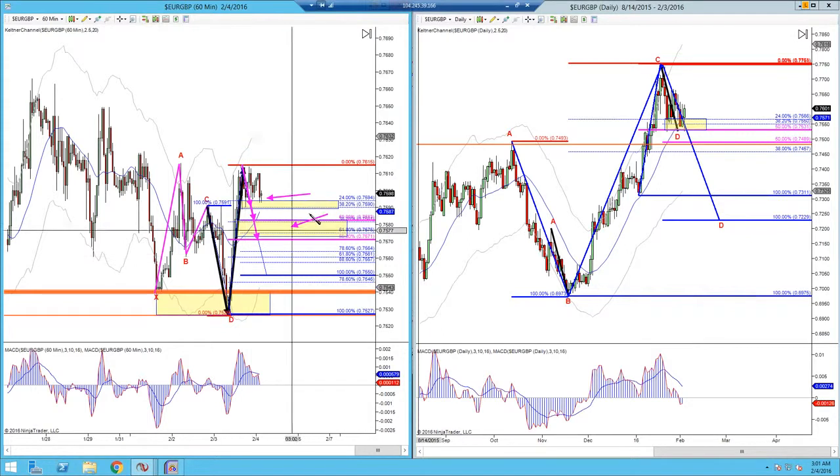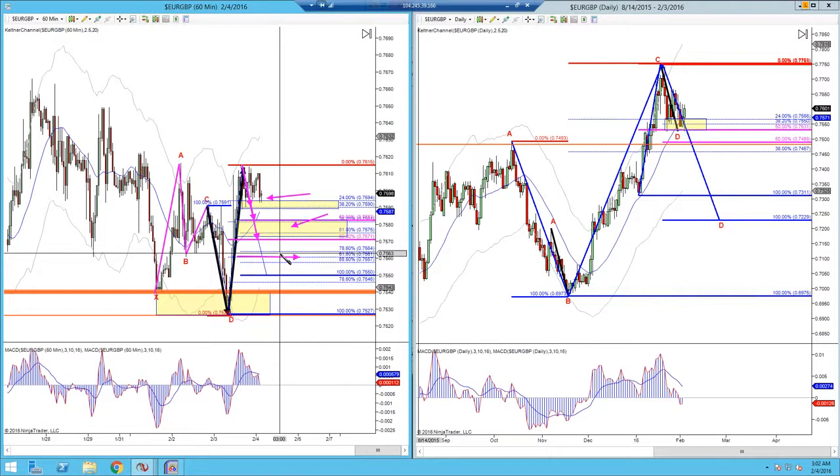So if I have 75, 80, that's 15 pips, right? I could put my risk down here, out of the way. I'm not expecting it to come all the way down here again. That's not what I'm looking for.